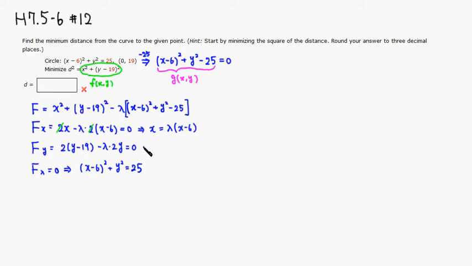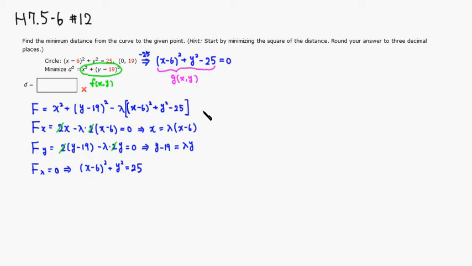And for the partial with respect to y, again, divide through by 2. We have 2 here, we have 2 here. And then we have y minus 19 is equal to lambda times y.